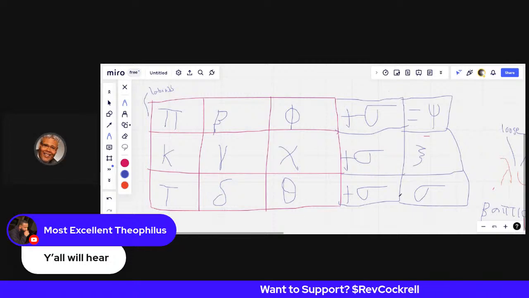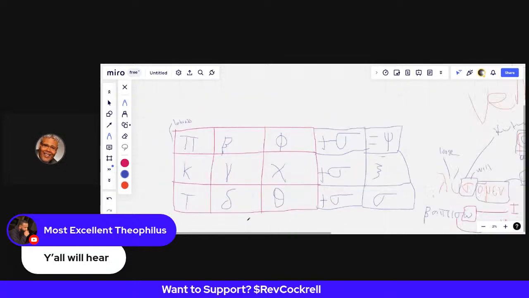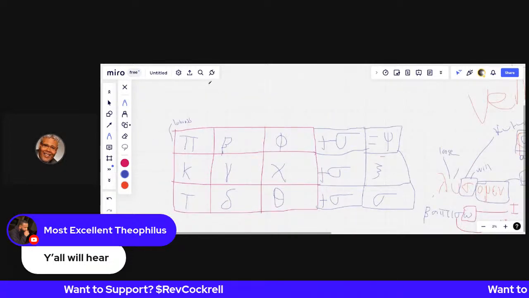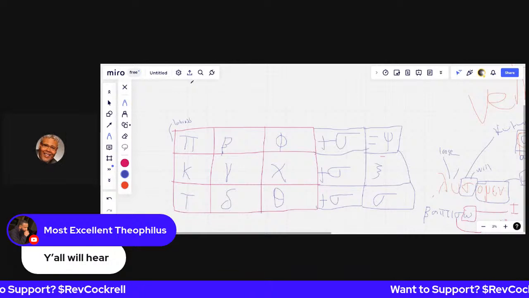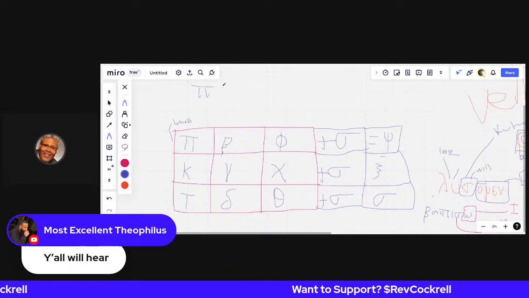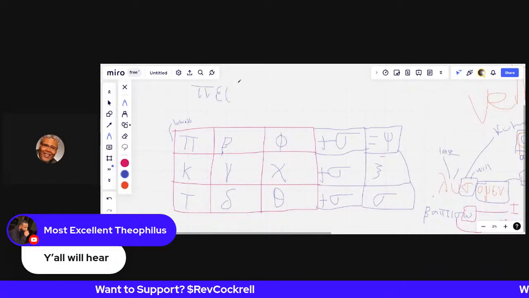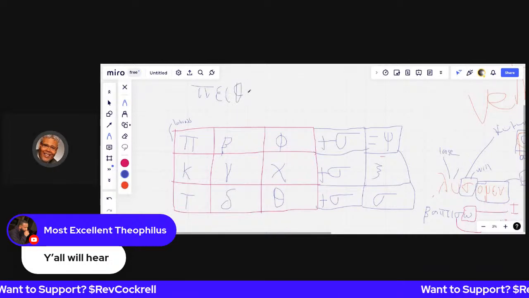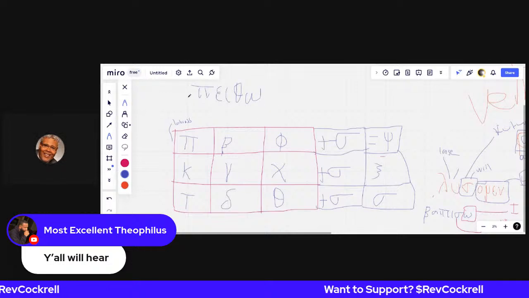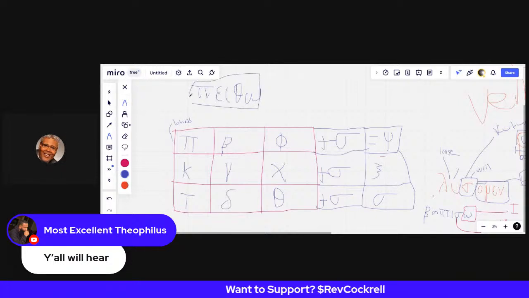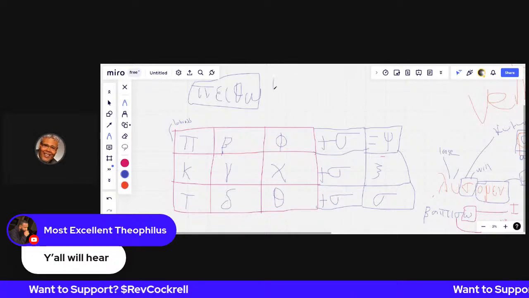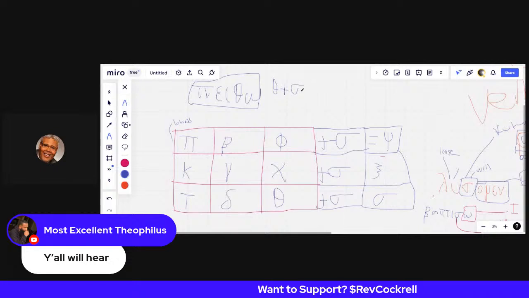So, like for this one, the word for I trust, peitho. Peitho is I trust. If you want to say I will trust, notice the theta plus sigma. The sigma is going to win.